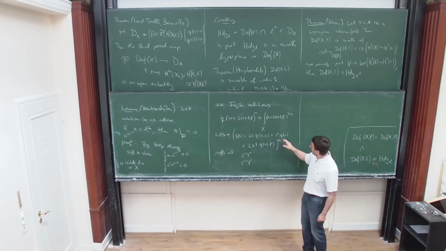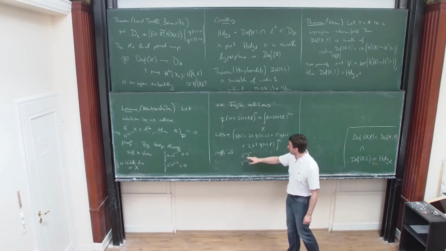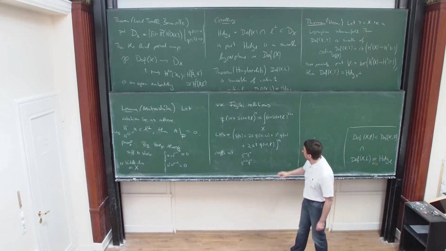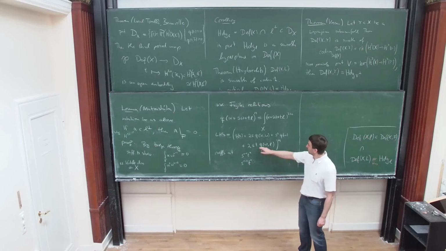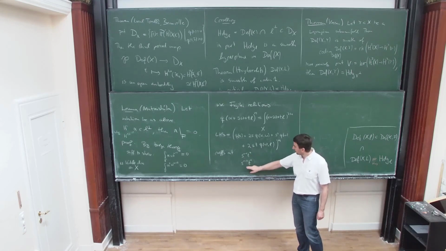So on the left-hand side, what do I get? Well, how can I get s to the n minus 1 times t to the n? Whenever I want to produce a t, I also have to produce an s. So I can actually never get something like that.